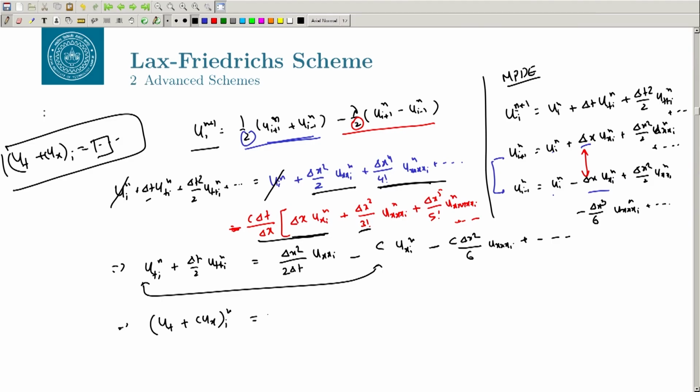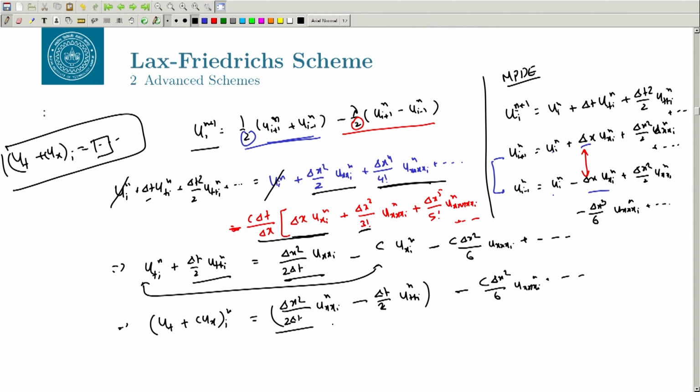Now start collecting similar order terms. So, this is now delta x square by 2 delta t u_xx_i and minus delta t by 2 u_tt_i, and minus other terms, c delta x square by 6 u_xxx_i and so on and so forth, right.